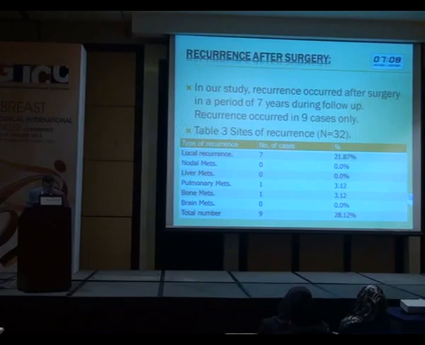Regarding post-operative recurrence, recurrence occurred in our study after surgery within a period of up to 7 years during the follow-up, and it occurred in 9 cases only. As shown in this table, regarding the sites of recurrence, we have 7 cases presenting with local recurrence, 1 case presenting after surgery with pulmonary metastasis, and 1 case with bone metastasis only.